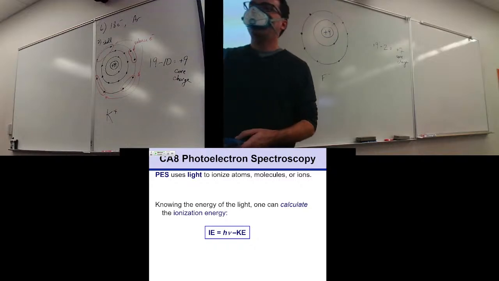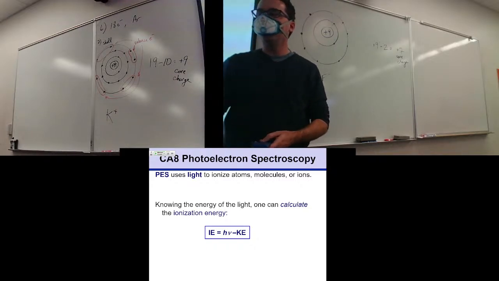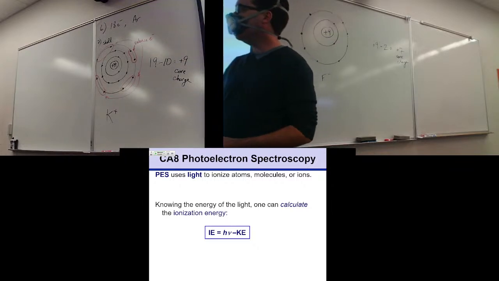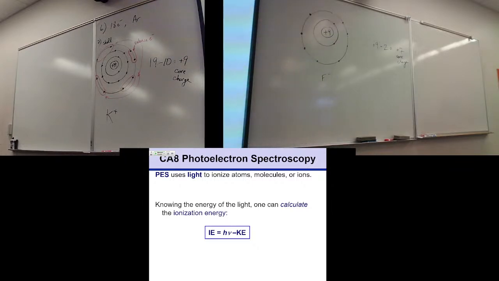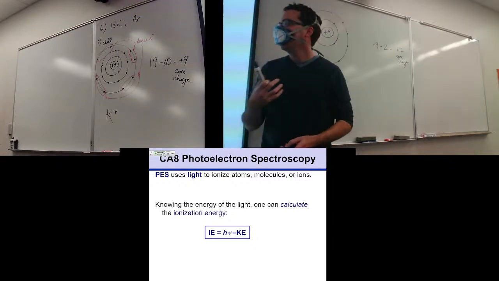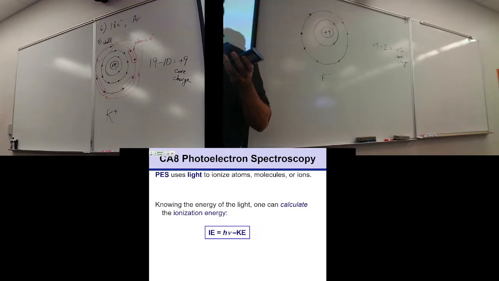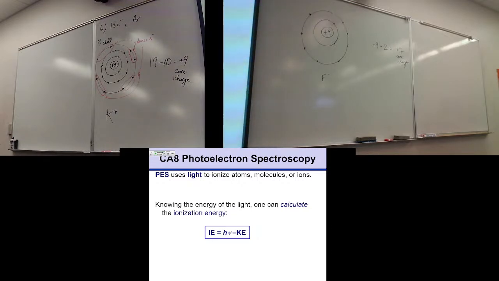Now the electrons that come out, some are coming out moving quickly, some are moving slowly. The idea is the more quickly the electrons are moving, the higher the kinetic energy, the less energy it took to ionize them. If they're moving very slowly, that means it took a lot of energy to ionize them.